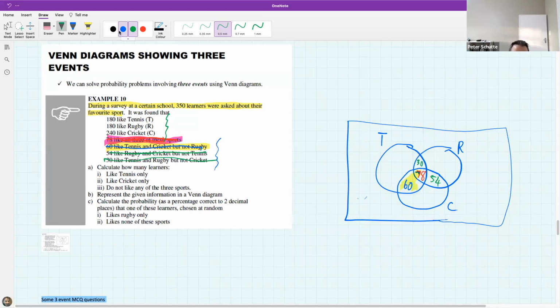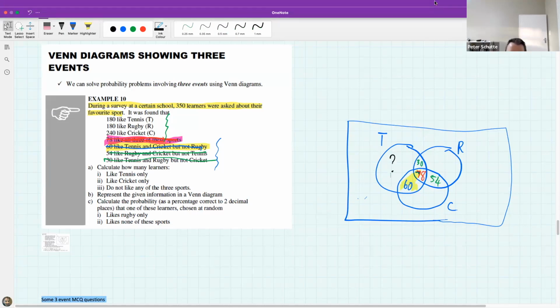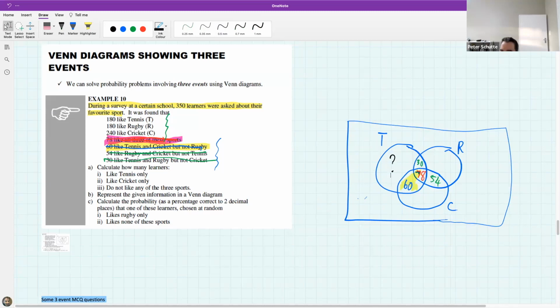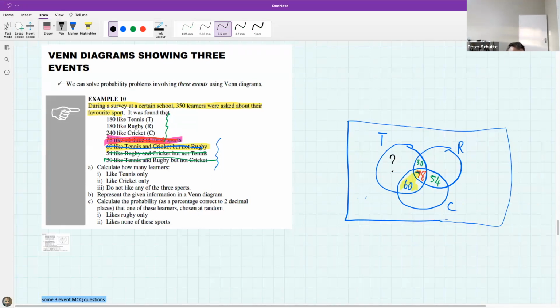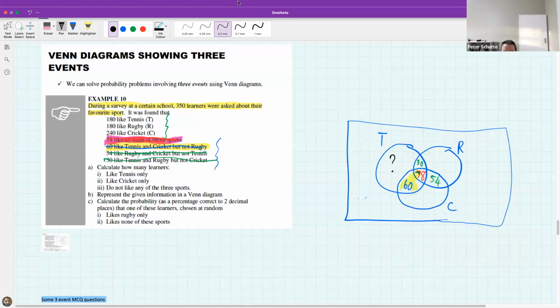And now I want you guys to tell me what goes here. What goes in that region over there? What are you going to use from the top that can help you figure out this bit?